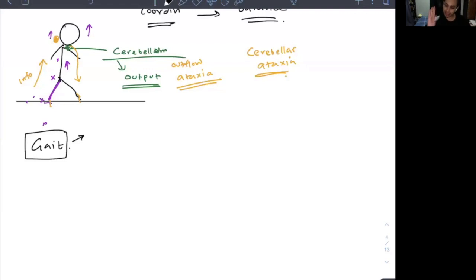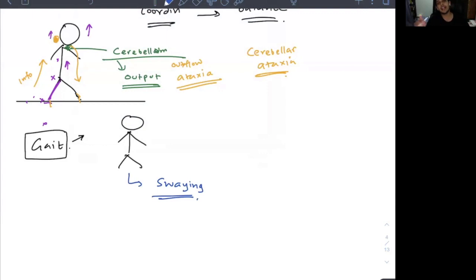So specifically in the case of cerebellar dysfunction, the characteristics of the gait will be that there will be swaying. So the patient will sway like a drunk person. Okay, so that is very specific for cerebellar gait.